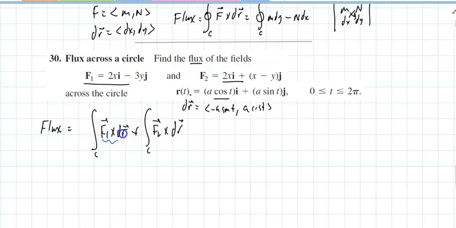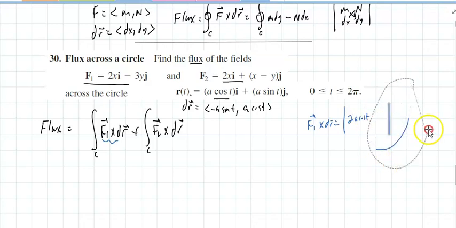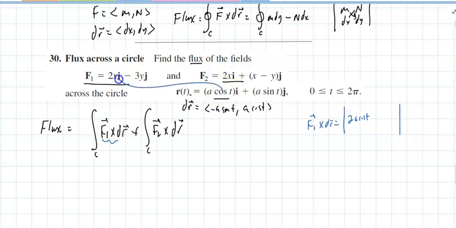Let's label that blue. If I take F1 crossed with dr, and of course you could memorize that formula up there, and if I look at F, F is twice a cosine of t and negative 3a sine of t, and copy that down there.